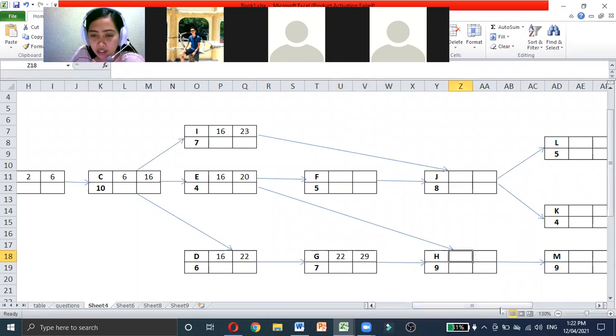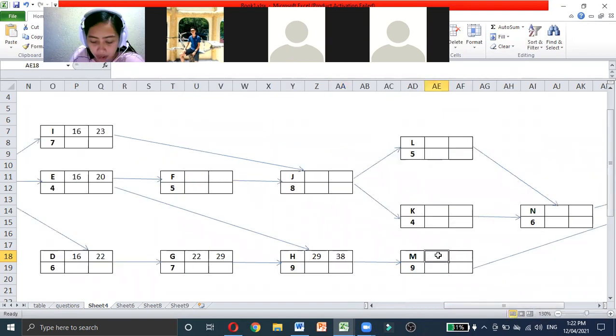And then for H, earliest start 29, and the earliest finish 38. How about M? For M, we have 38 and then 40.